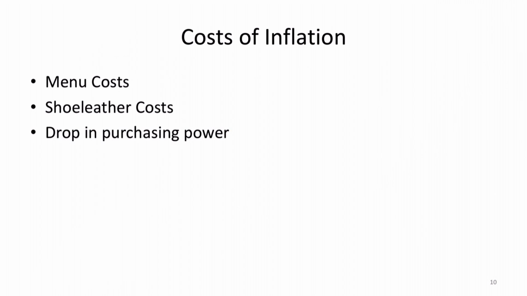If inflation is rampant and prices are changing very quickly in an economy, then that diner has to change its menu, let's say every week or once a month. We've all seen how huge those menus are, and you can think of how expensive it would be for a business, such as a diner, to change those prices every week or every month. It gets quite expensive.